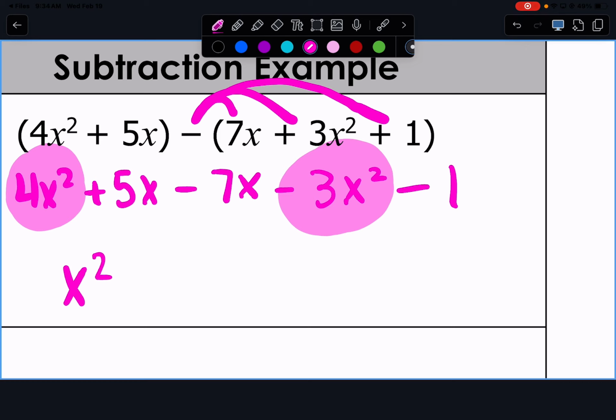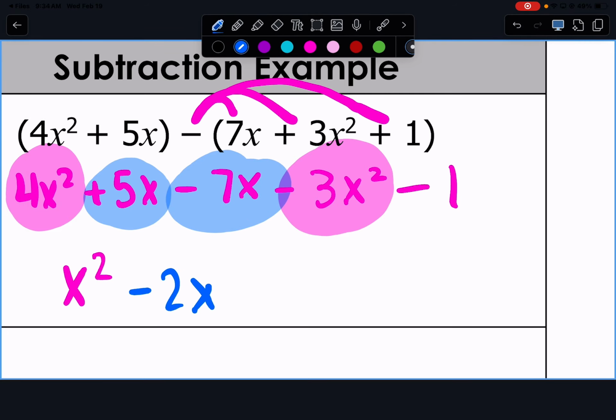So what do I do next? You have to do your x. Yep, 5x minus 7x, which is negative 2x. Then does negative 1 have any friends down there at the end? No, it's lonely. So we're just going to bring down negative 1 all by its lonesome. Yes, quadratic. That is also another quadratic trinomial.